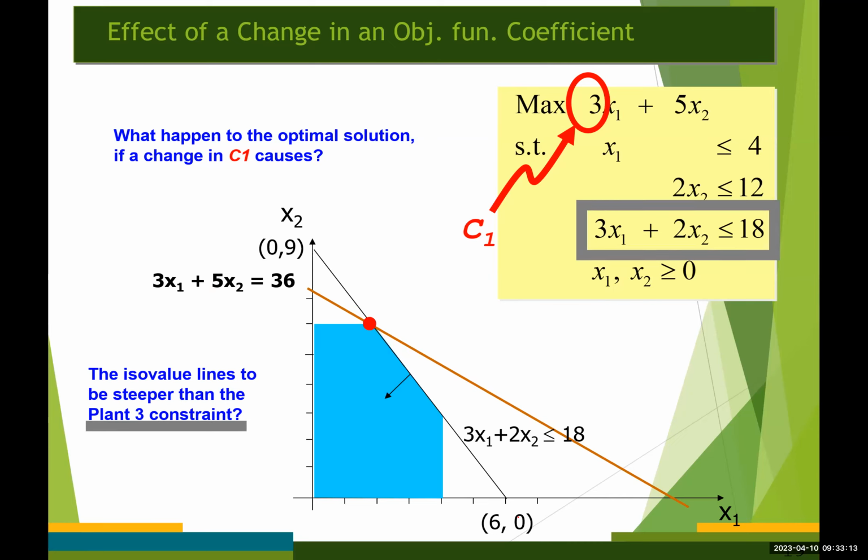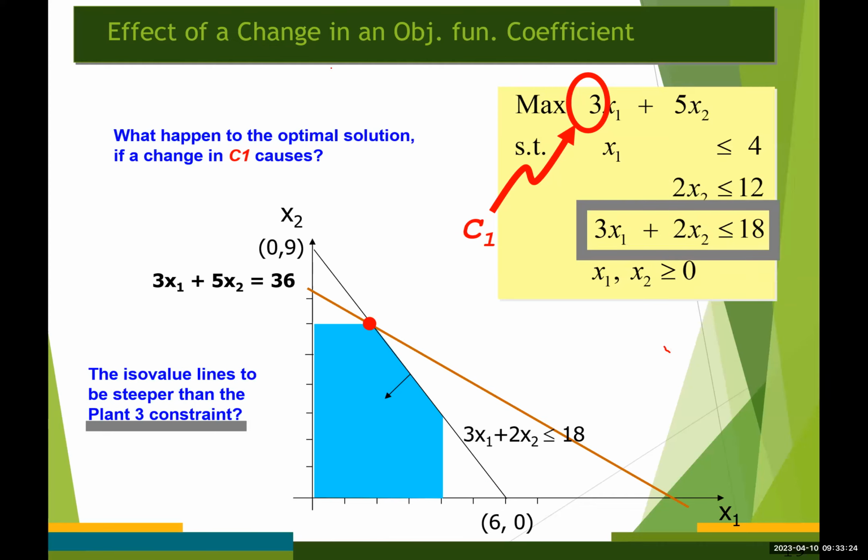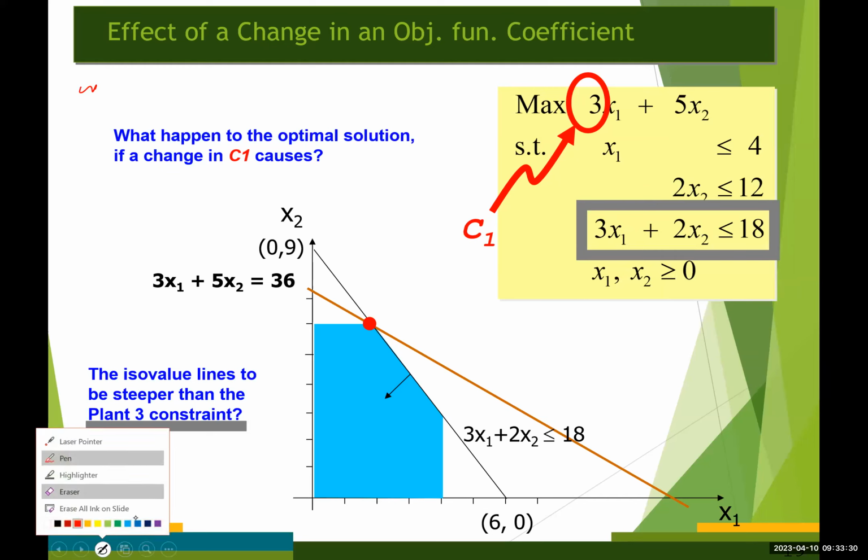So this is the plant number 3 constraint, right?